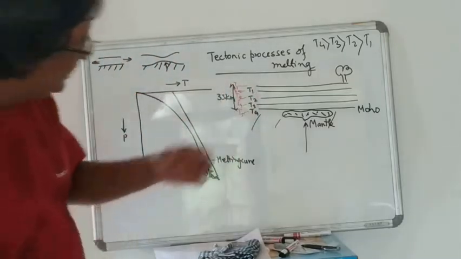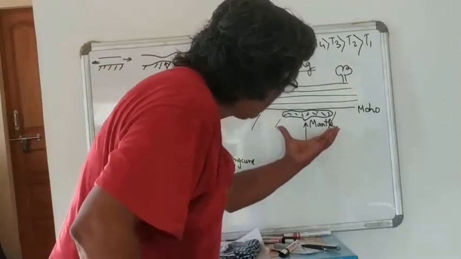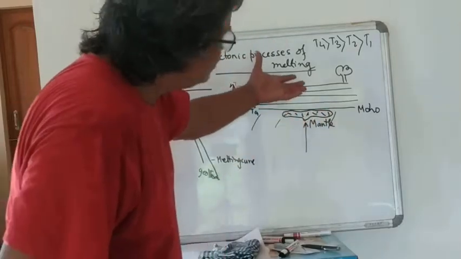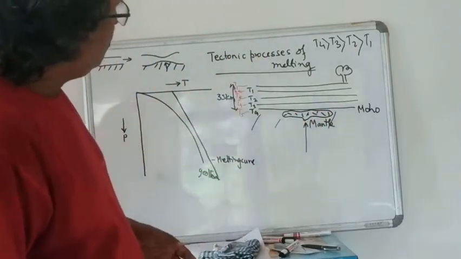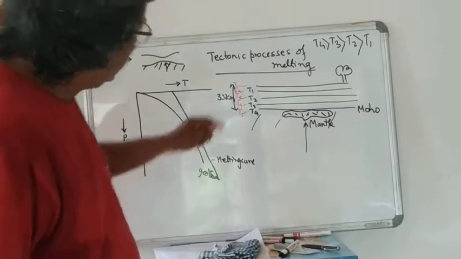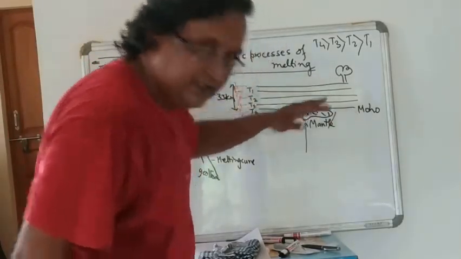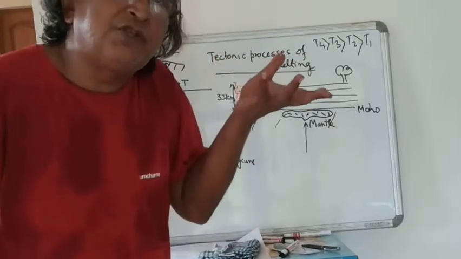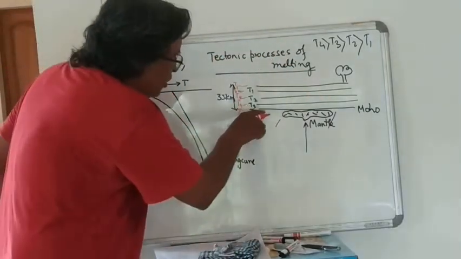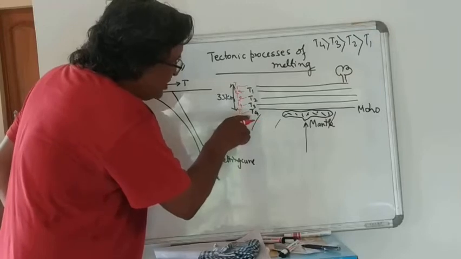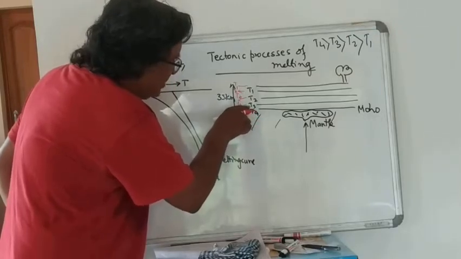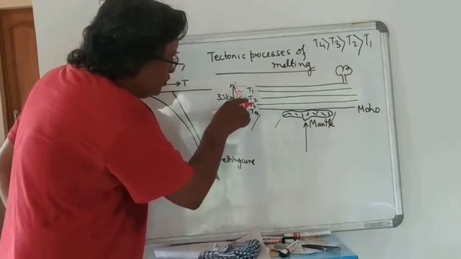So what is happening when you have a melt ponding from the mantle onto the base of the crust? The isotherms that were there in the crust change positions. The lowermost part, which was at T4, changes to T5, T3 changes to T4, T2 changes to T3.